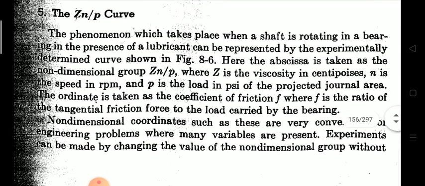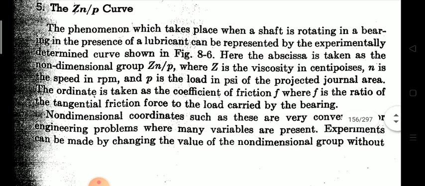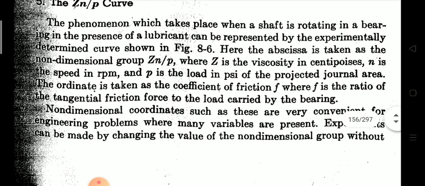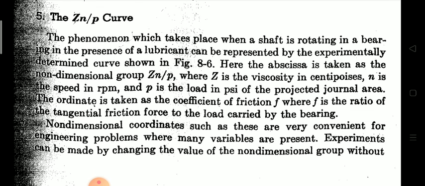The phenomenon which takes place when a shaft is rotating in a bearing, in the presence of a lubricant, can be represented by an experimentally determined curve, which is known as ZN by P. Now, what is Z? Z is the viscosity in centipoise, N is speed in RPM, and P is the load in PSI, the load which is exerted on the journal by the bearing, right?